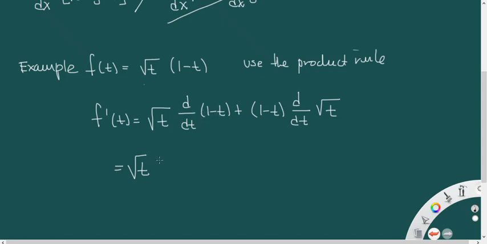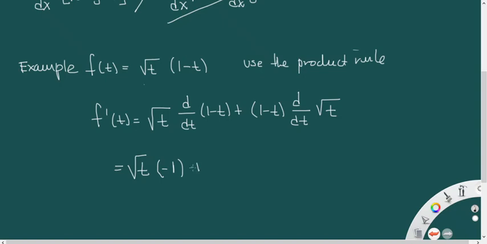The derivative of minus t, if you remember, is only minus 1. When you have a constant value, the derivative is 0, and if you have a 1 and you want to take it out of the derivative, it is not going to be a problem. In this case, the derivative of minus t is minus 1.